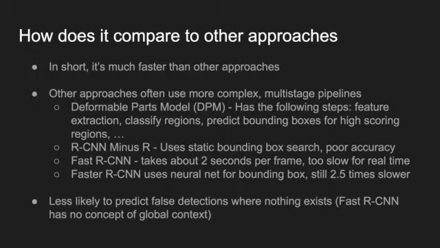And at the time, I believe YOLO was the fastest object detection for the Pascal dataset. So the DPM was too slow by 2 orders of magnitude to be a real-time system.